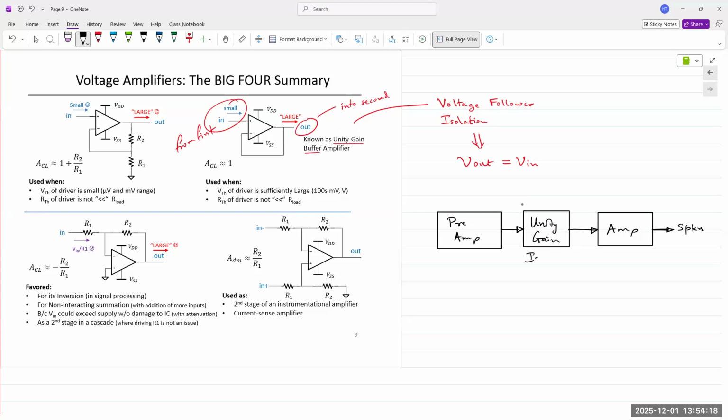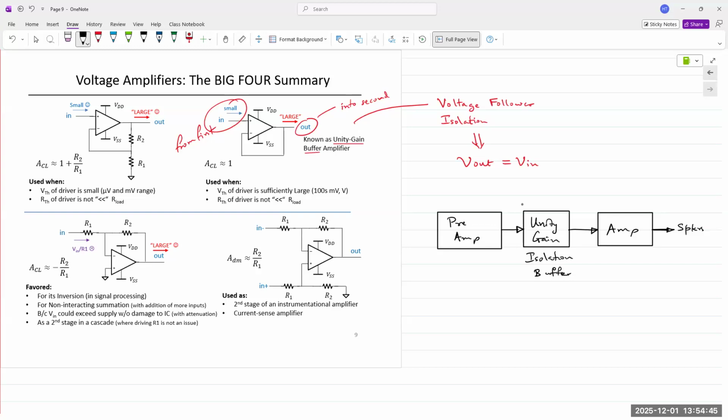Unity gain isolation buffer amplifier. So the second circuit still receives the same output from the preamplifier, but is now isolated, separated by using that voltage follower circuit. The voltage follower sends out the same output that it receives at the input.